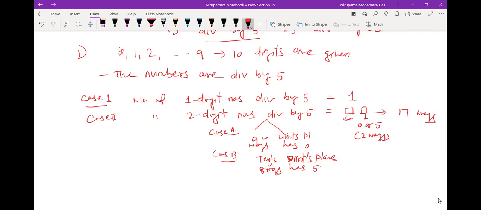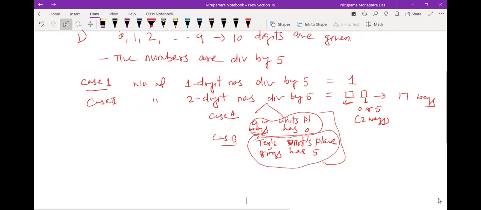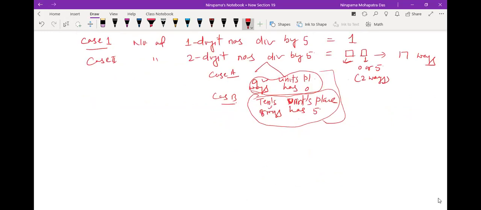Taking both cases, 9 ways when you are putting 0 in units place, 8 ways when you are putting 5 in units place. So the total number of 2-digit numbers which are divisible by 5 is 17. Okay, 17. Then case 3.